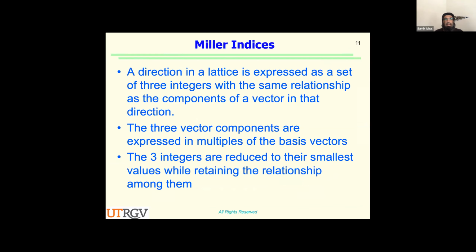But then we reduce them to their smallest value while retaining the relationship between them. So if you have 1 over A, you have to multiply everything with A to bring it back, right?